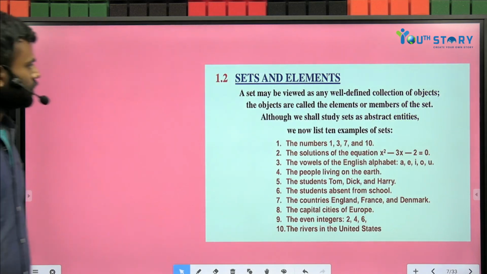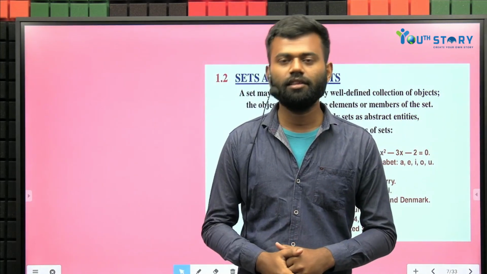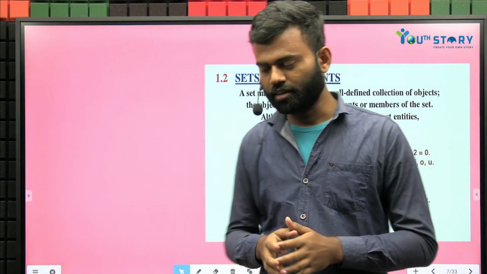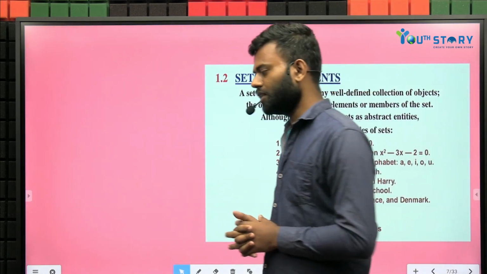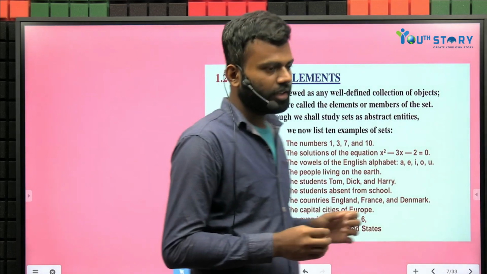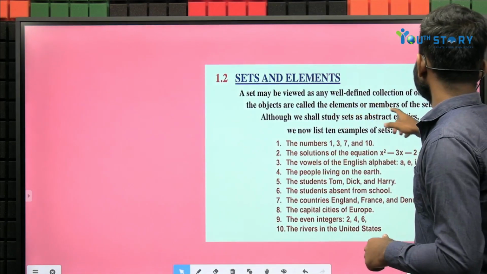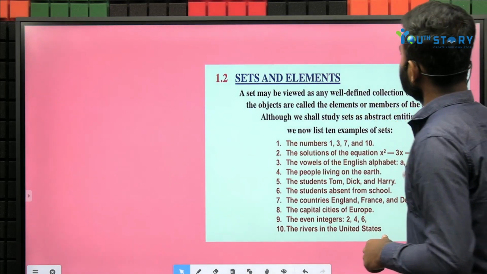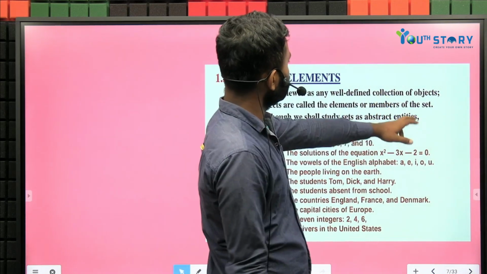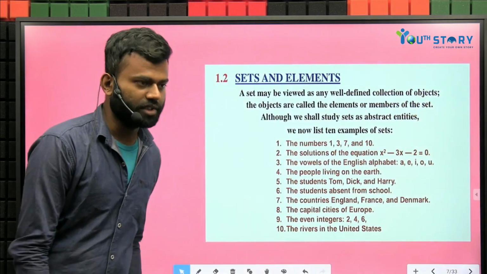We adopt the definition that a set is a well-defined collection of distinct objects. That means two crucial points: well-defined collection and distinct objects.